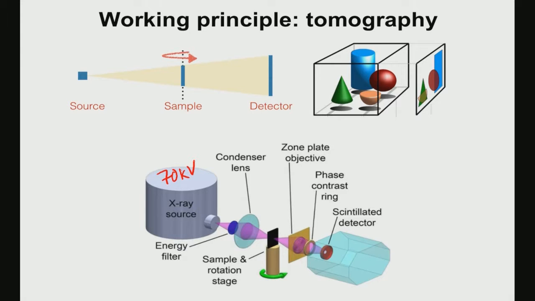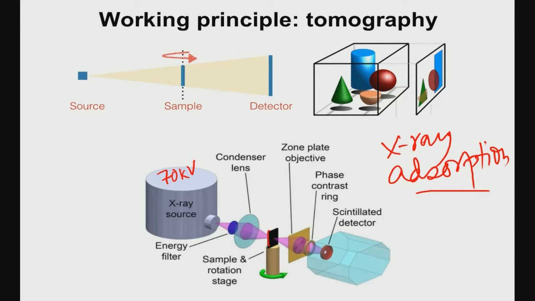So, here you are using a very high energy X-ray beam, and this technique is based on X-ray absorption. You have a 3D scaffold, the sample, and this scaffold is rotated through 360 degrees.